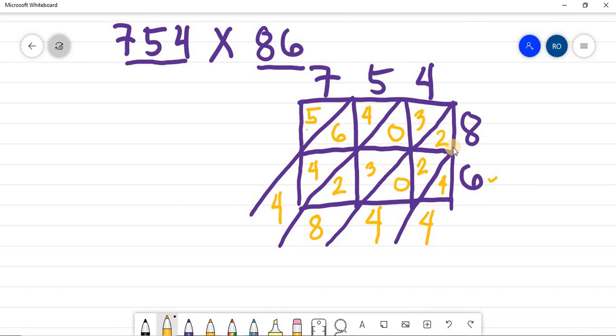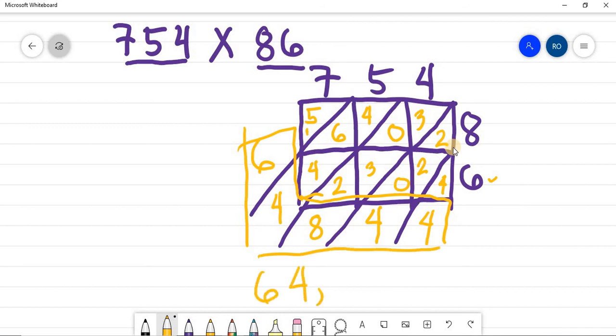Carry 1 here. We have 5 plus 1 is 6. So our product is 64,844. You can check if our answer is correct using your calculator.